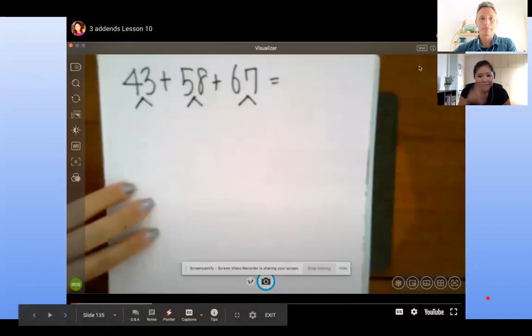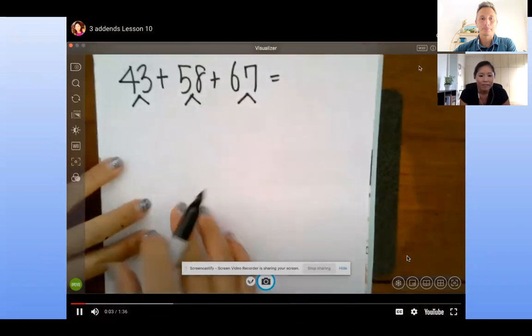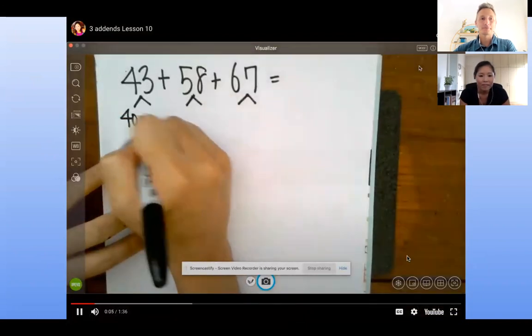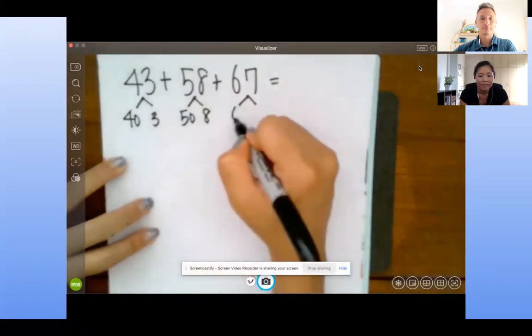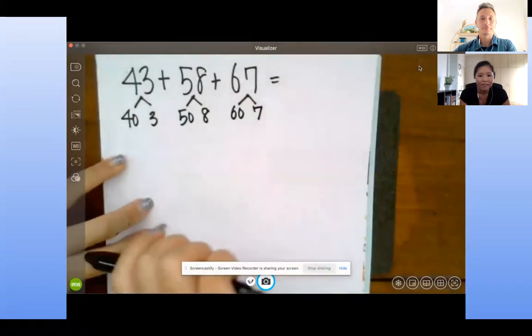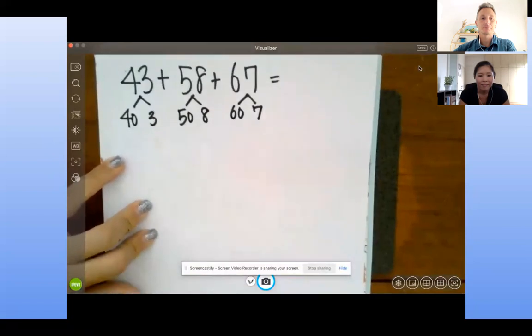I'm going to start by decomposing the number. So 43 is 40 and 3, 58 is 50 and 8, 67 is 60 and 7. And now I'm going to look for friends of 10, friends of 100, or doubles.